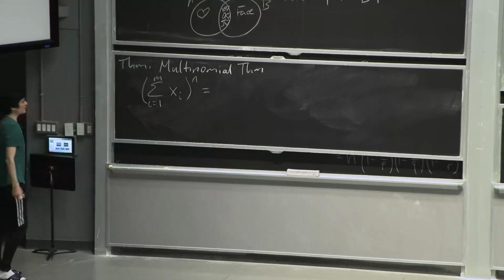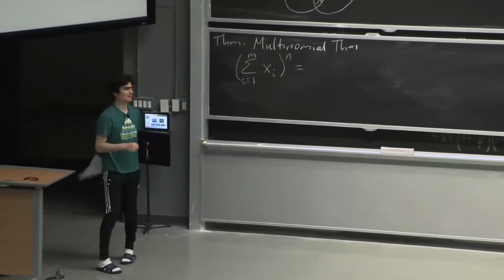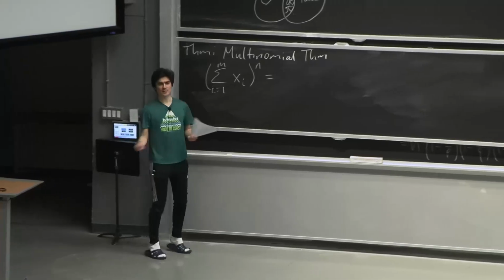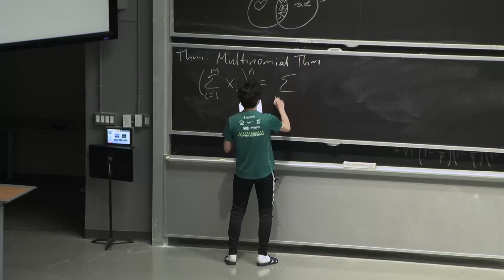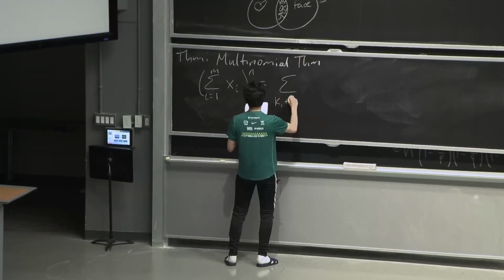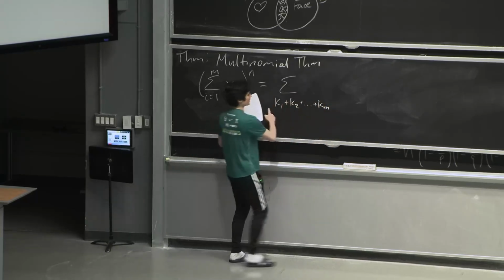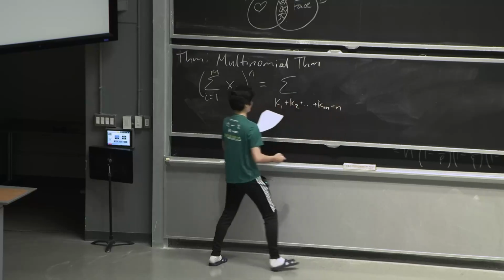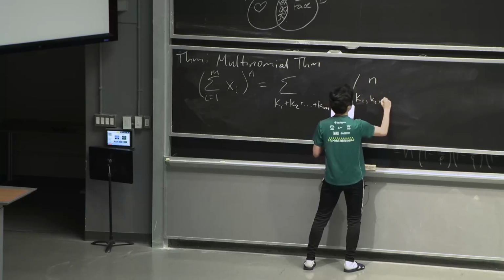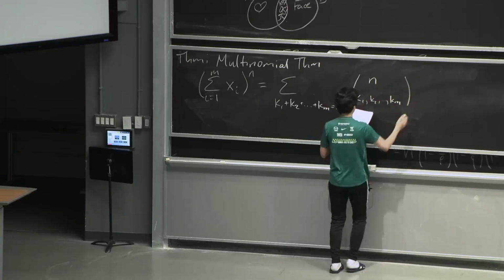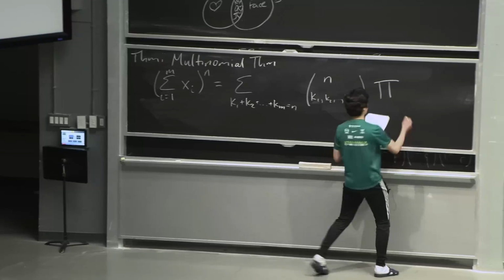Okay, so for the multinomial theorem, if we have a multinomial here, like we've got m x's instead of just 2, and we sum all those up and then raise it to the nth power, we can use essentially the same proof to show that this is going to be the sum over all sequences k1, k2, all the way up to k sub m, where these all sum up to n, of the multinomial coefficient, n choose k1, k2, up to km, of, similar to the x to the k, y to the n minus k term we had over there.